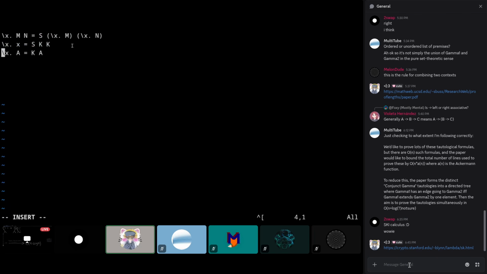All right. So here are our three equivalences. So how do we define an algorithm that does bracket abstraction on these? Let's say the bracket means do bracket abstraction on whatever's inside of the brackets.